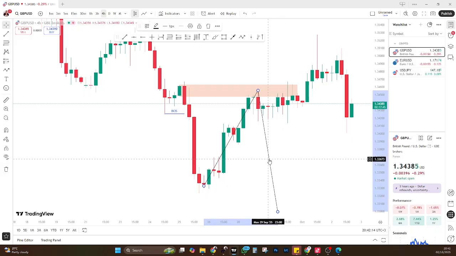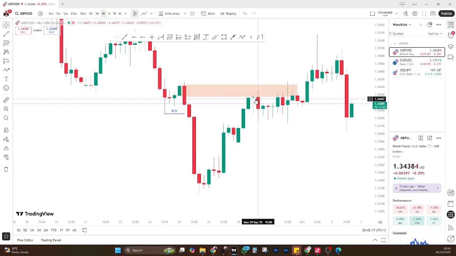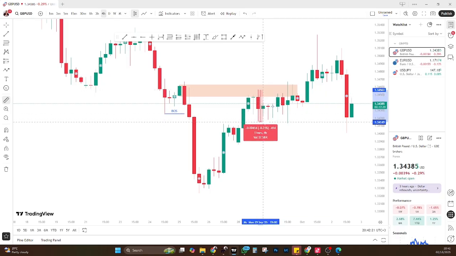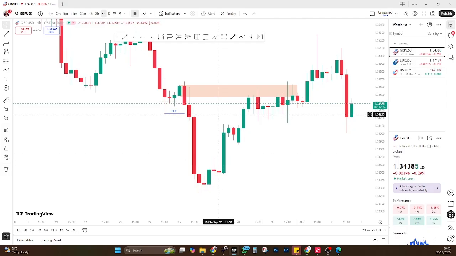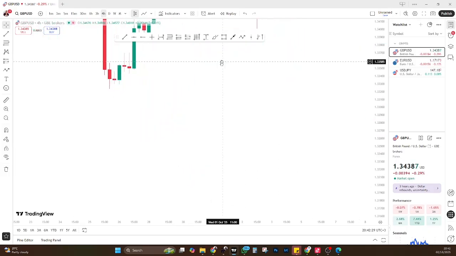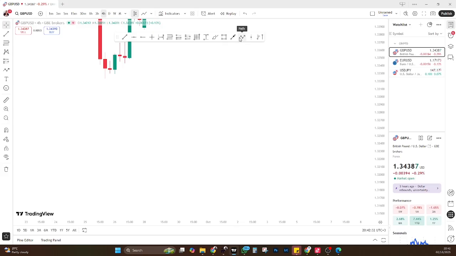But what happened when the market got here? It sold a bit. This was like 41 pips, and then this was like a raging market. Okay, let me explain this. There are three things that happen in the market.